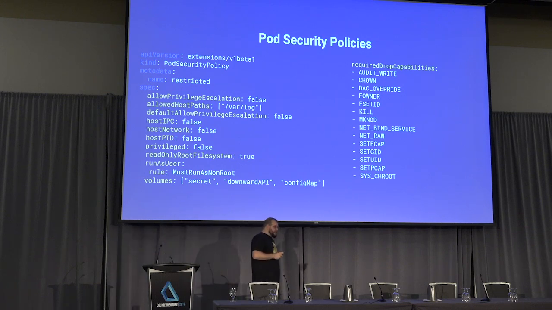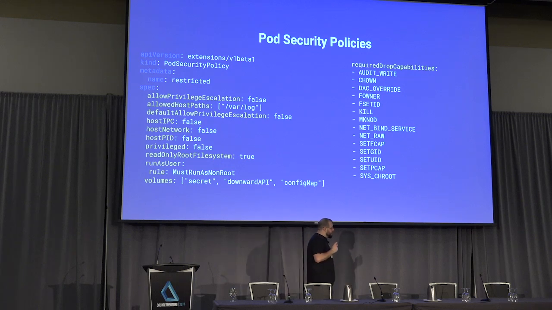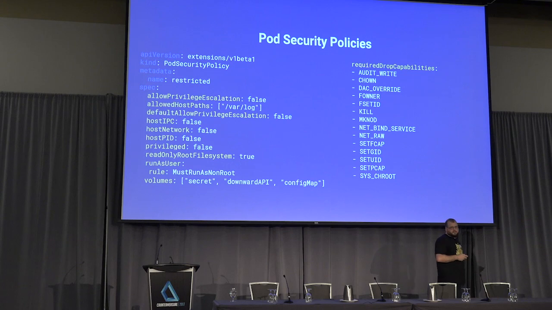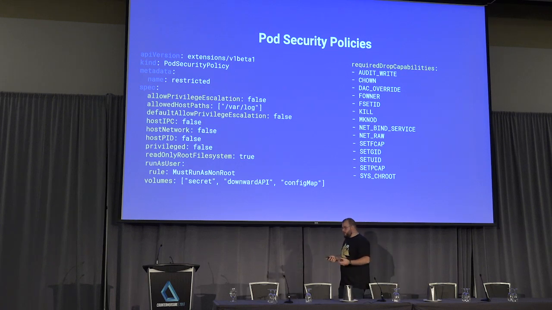We've been on the cloud security team playing a lot with capabilities over the last, I don't know, year or so. So capabilities are your UID 0 on a Linux workstation. You can do all the things, right? You are root.